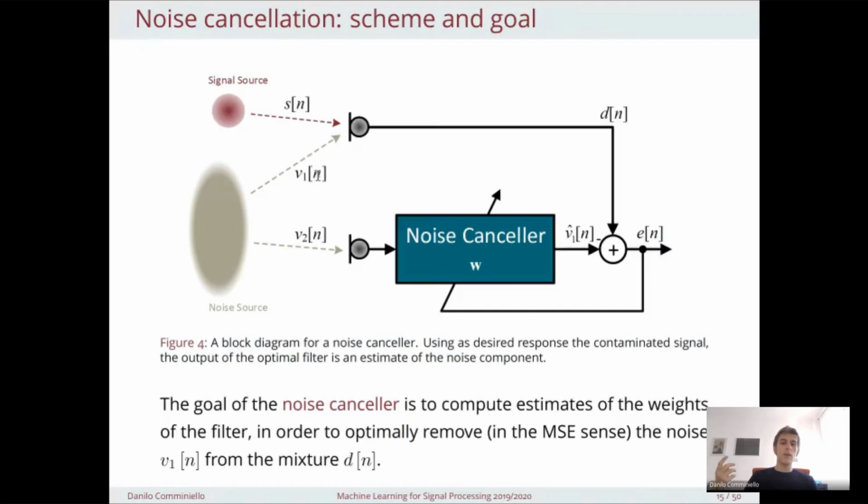This noise is also captured by the microphone, and you want to remove it, but you don't have a reference for this kind of signal, as happens for echo cancellation, because the input arrives to your laptop and you can use it as a reference.